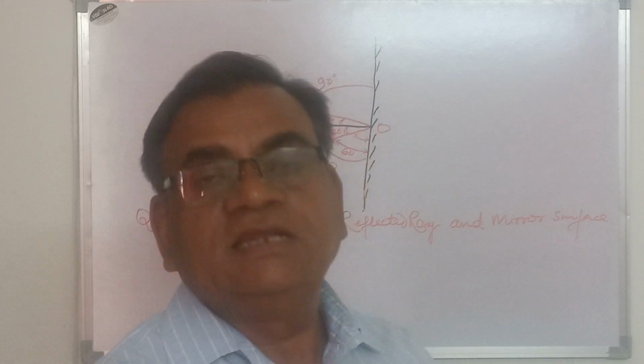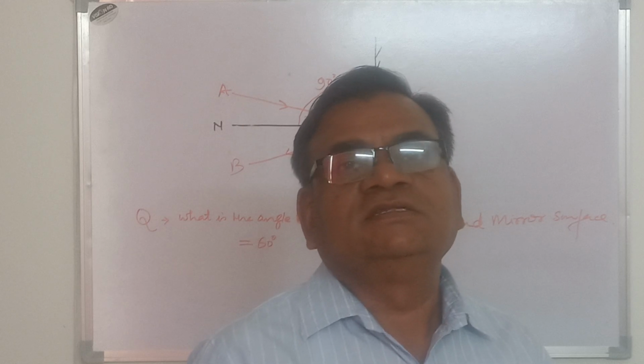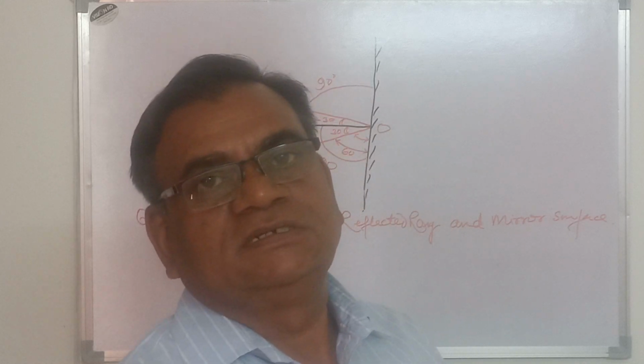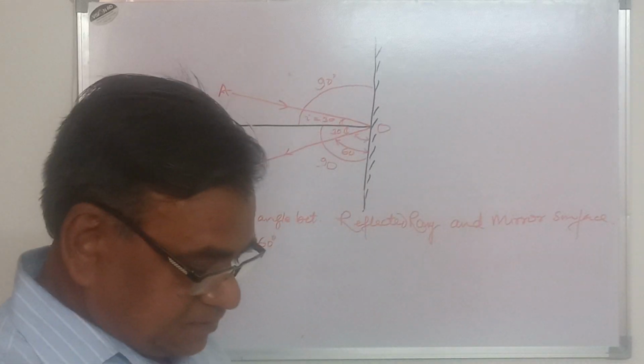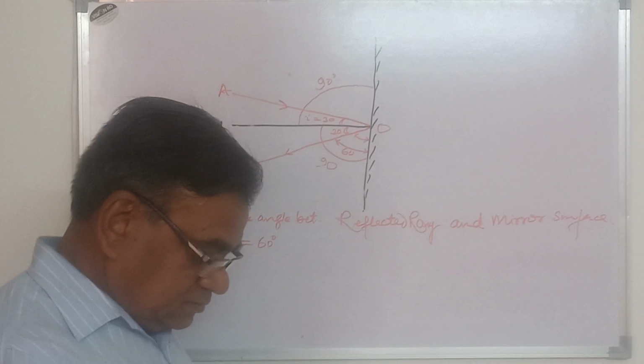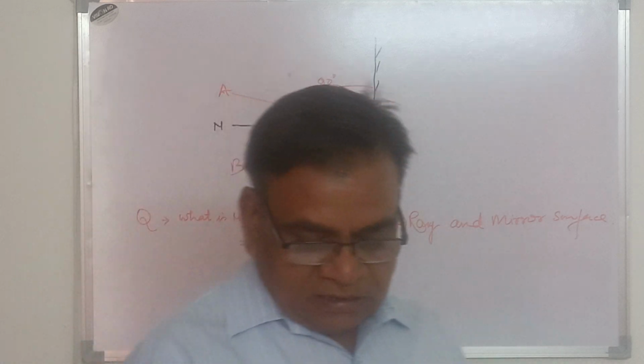But in case of a real image, the rays actually cut each other, actually meet at the place, at the screen. Give one example of each type. You already know the examples.